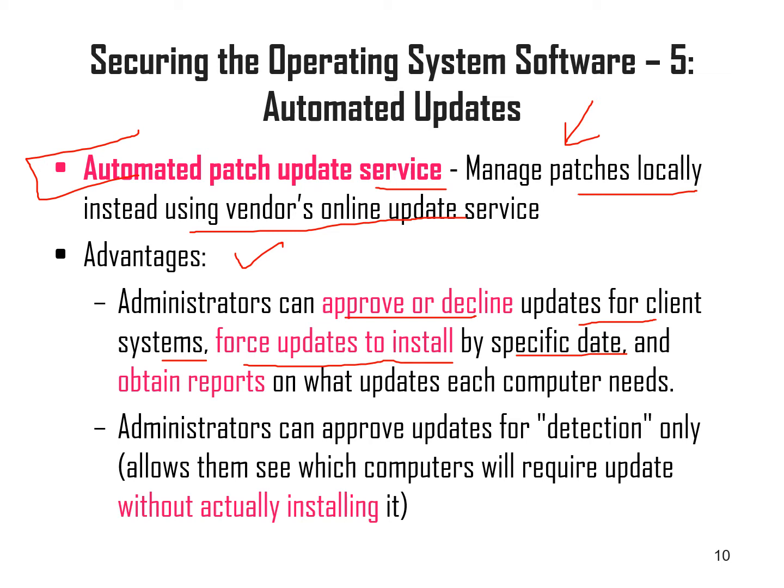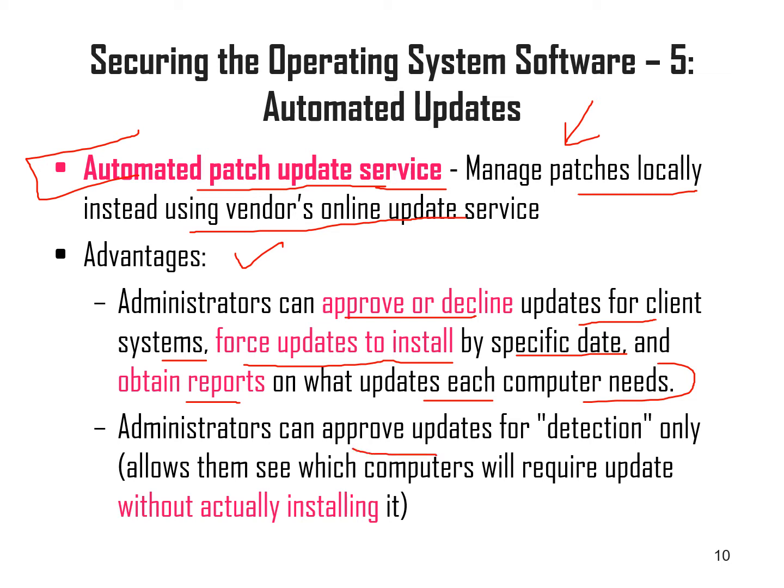He can also obtain a report on what updates a particular computer needs. This is the main advantage of having this automated patch update service within your local server, local network. So if I install a server in my local network, it is called an automated patch update service.